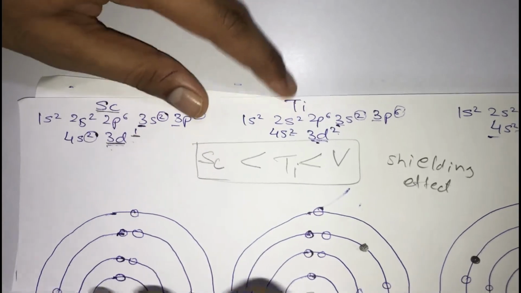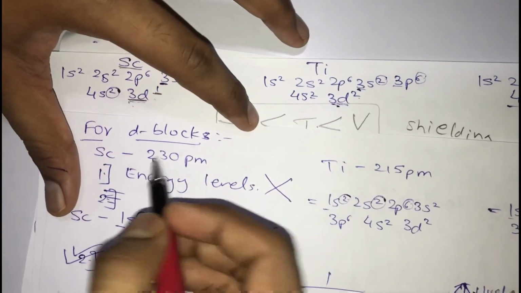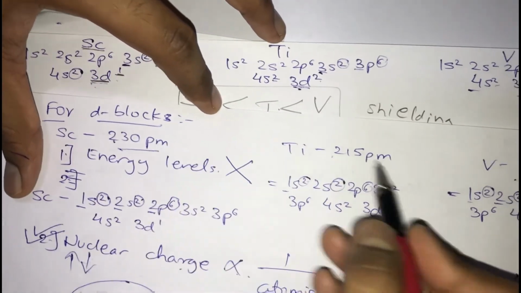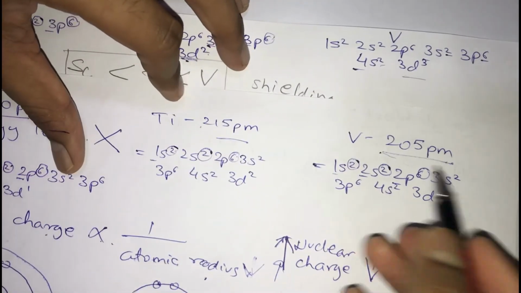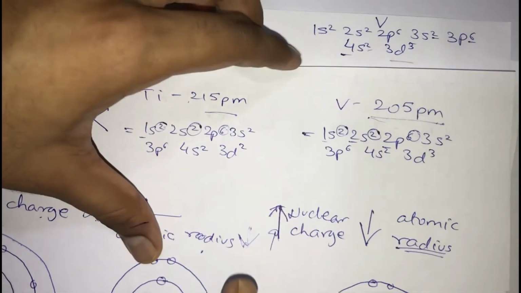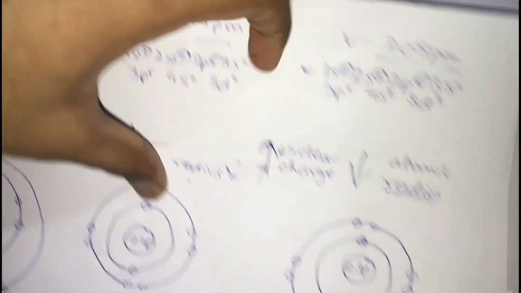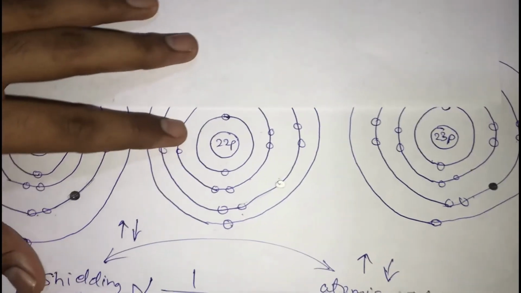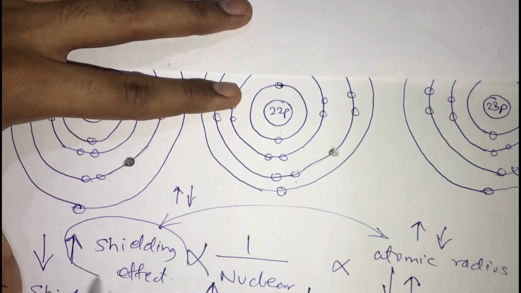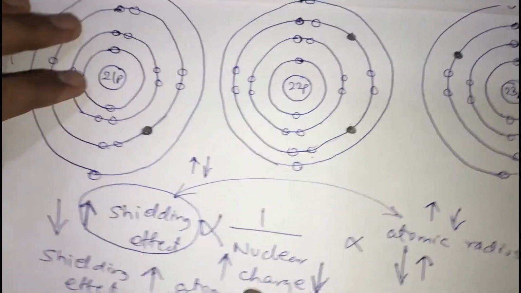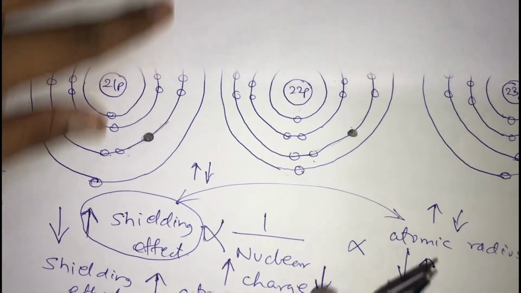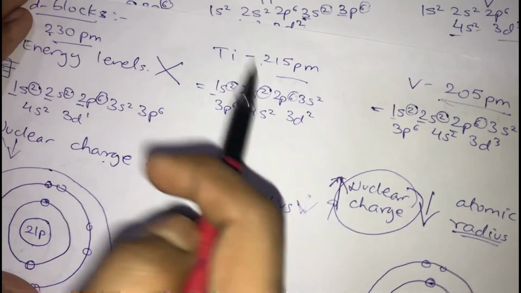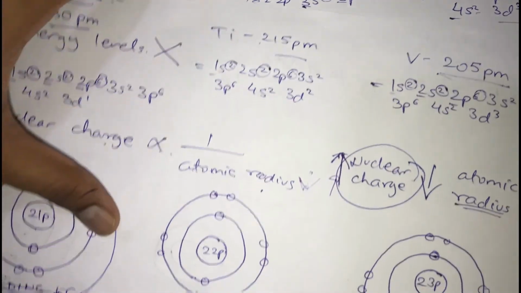Can you see, from 230 to 215 to 205? But yes, while the atomic radius is decreasing, this effect of nuclear charge is being reduced by shielding effect. I hope you're understanding. This effect of nuclear charge of decreasing the atomic radius is reduced by the shielding effect.